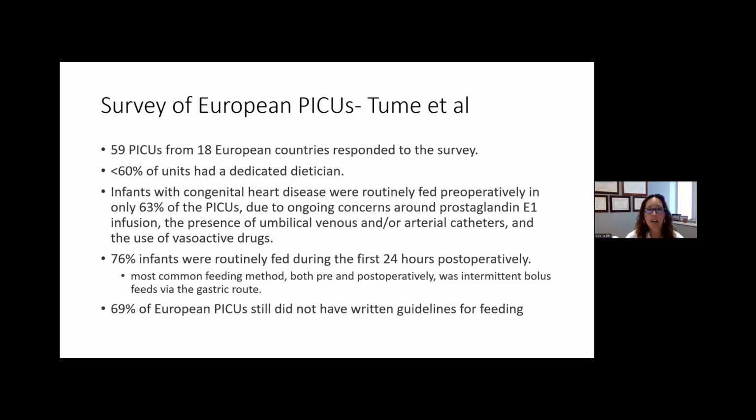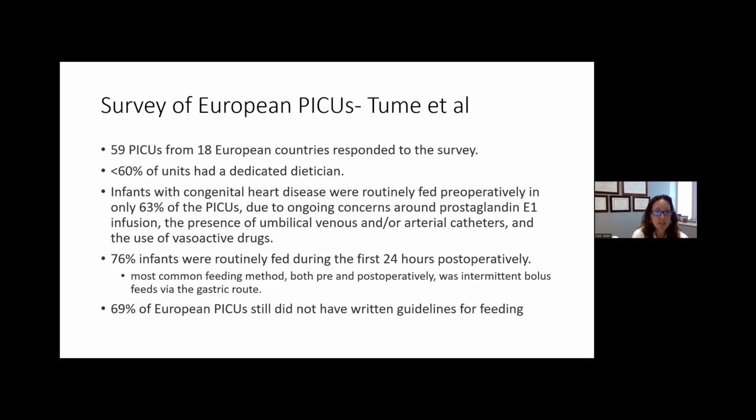So a survey of European PICUs, 59 PICUs from 18 European countries responded to the survey. Less than 60% of the units had a dedicated dietitian. And infants with congenital heart disease were routinely fed preoperatively in only 63% of these PICUs. And most of that was due to the ongoing concerns around prostaglandin infusion and the presence of umbilical or arterial catheters, as well as the use of vasoactive drugs.